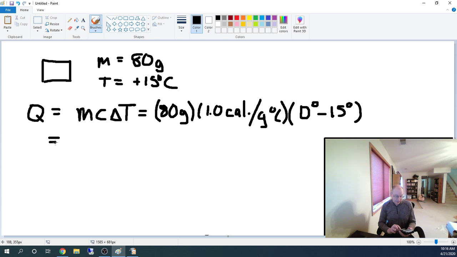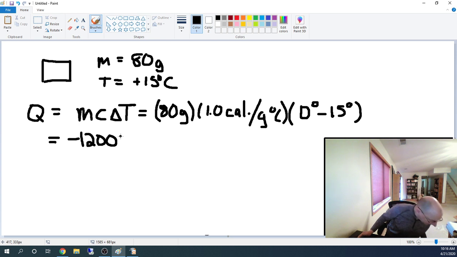I put that in parentheses. So I get negative 15 degrees there. And I see that the number I get is negative 1,200. Yeah, negative 1,200. The grams cancel with the grams here, and the degrees Celsius cancel with the units of the temperature here. And I get just calories.